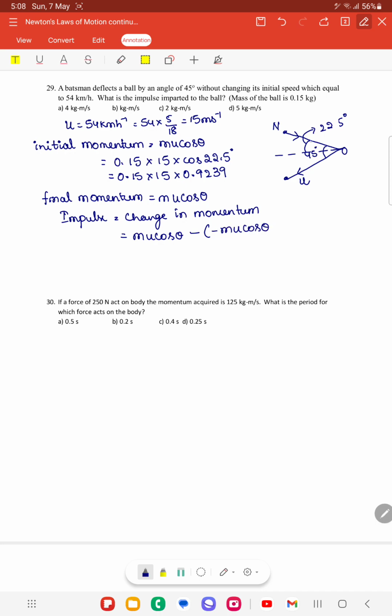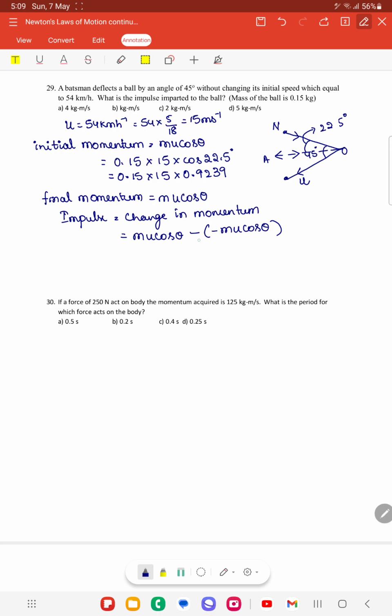The component of NO along this will be along this direction. Let us consider it as AO. If you consider the component of final velocity u, the horizontal component acts along the opposite direction. So we are considering along to the left as positive, along to the right we can consider as negative.